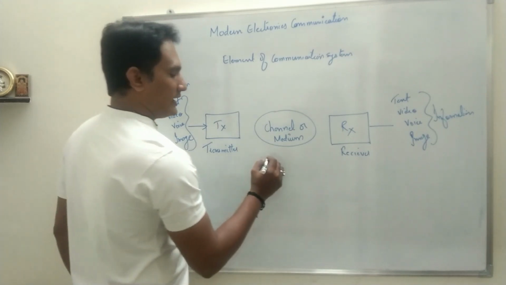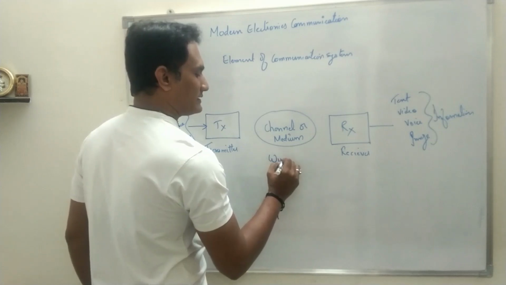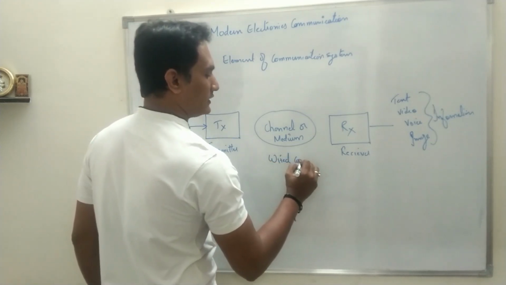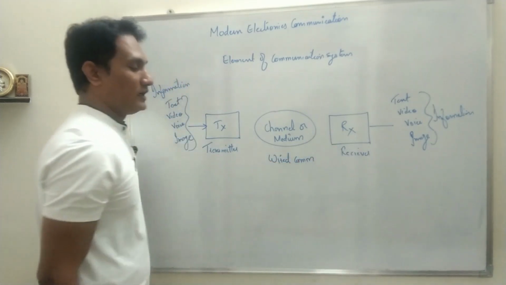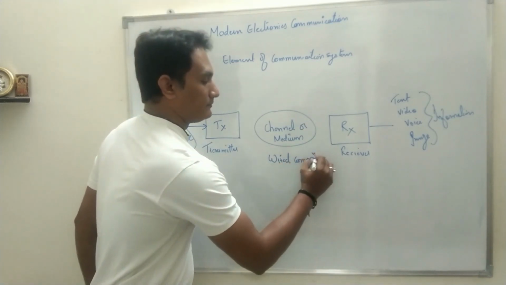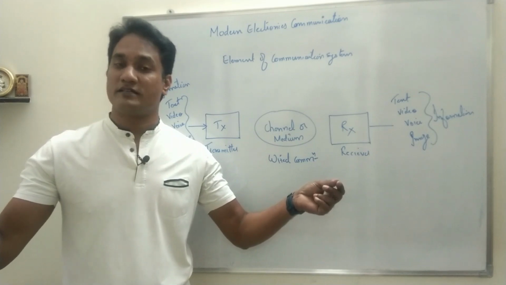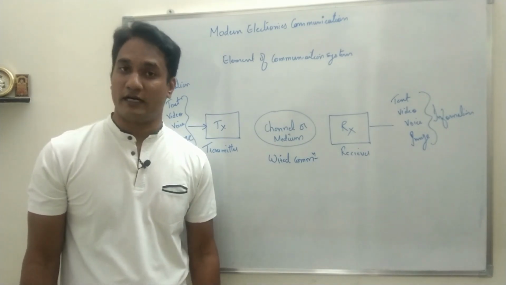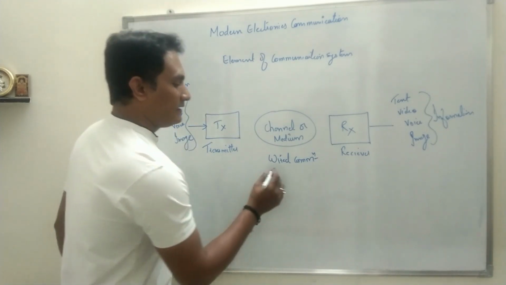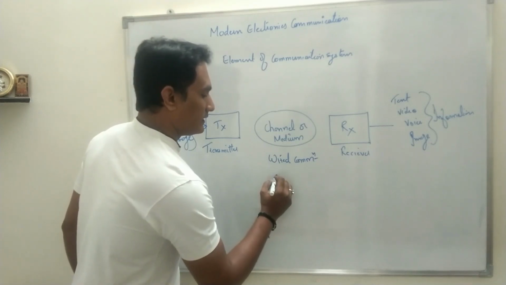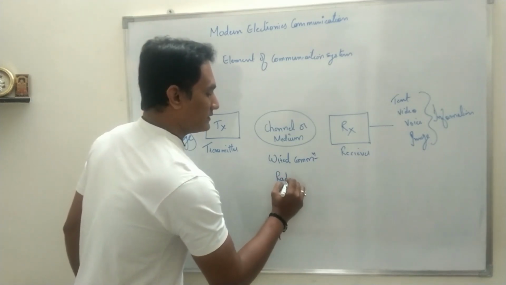Of course you know that the first one is wired communication. Wired communication means a wire will be connected between two points and information will be transferred through the wire. The second one is radio communication.